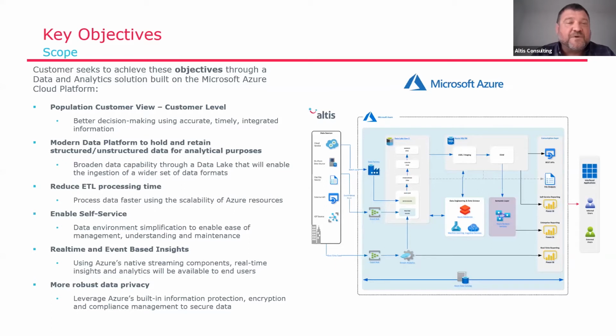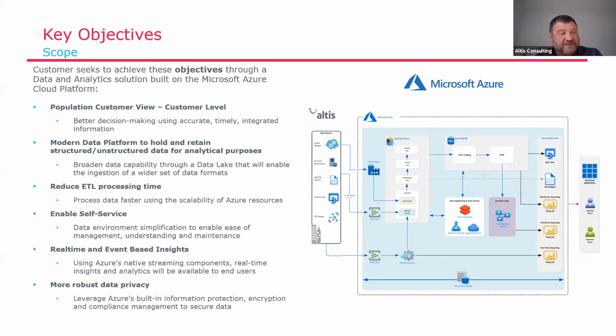For an organization, some of the objectives you're trying to achieve might be a single customer view, or a modern data platform where you've got structured and unstructured data that you can pull in. Maybe it's around reducing some of your ETL time so that you're able to get results to your users faster, or enabling more self-service, both at a data level and at a reporting and analytics level.